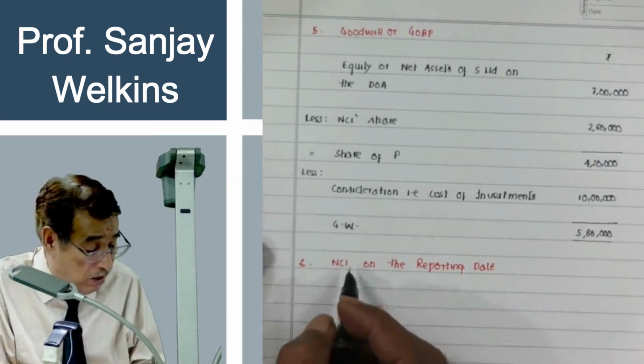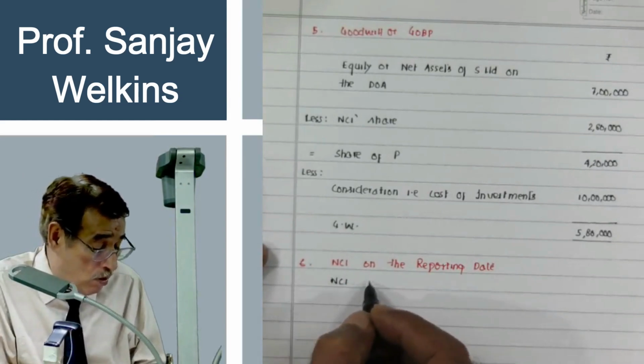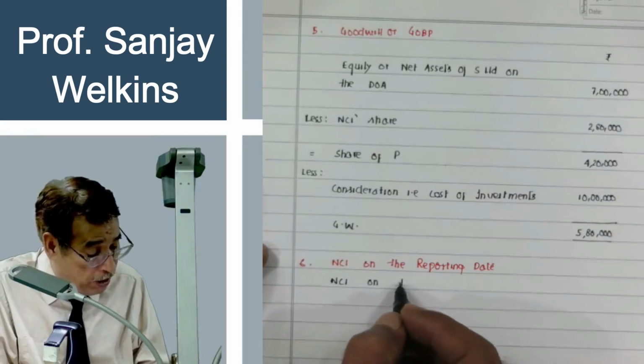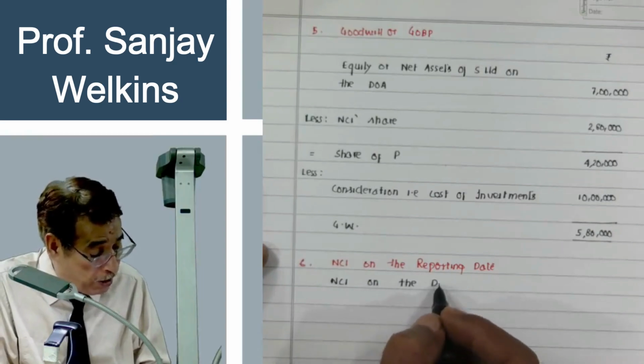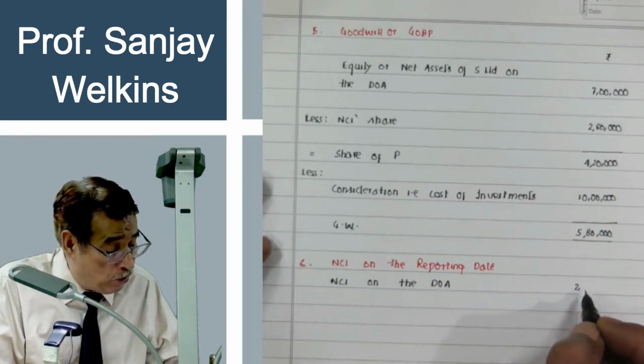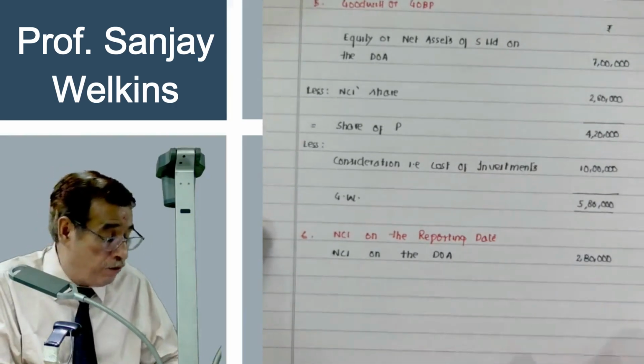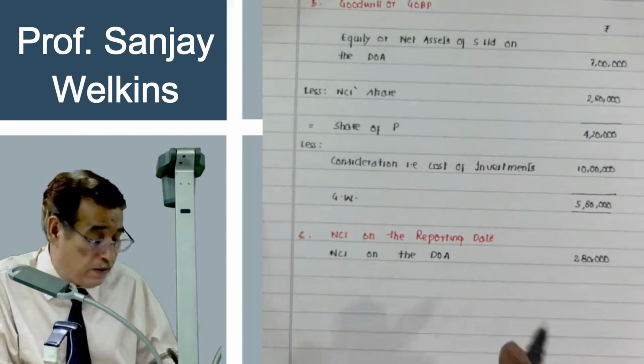So NCI on the date of acquisition, we have already computed, is equal to 2,80,000. That means on the date of acquisition, NCI has a right to 2,80,000 worth of net assets.